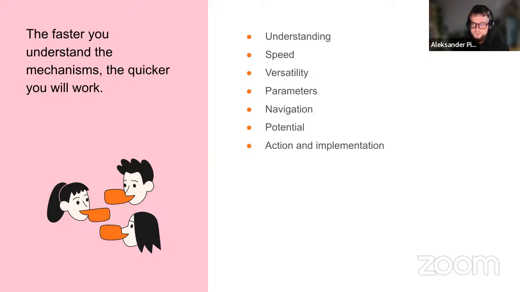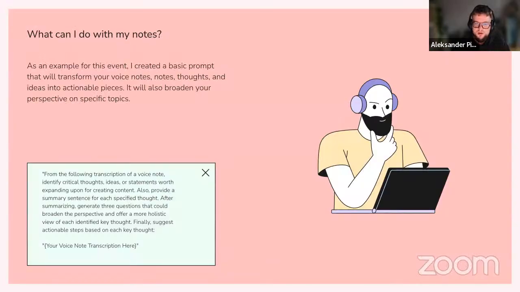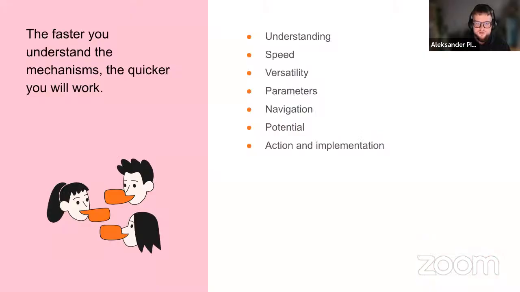So when you understand mechanisms like the ones I show you here in terms of this prompt, you can take a screenshot, but I will send this presentation to you also because I want you to have this knowledge at hand. The faster you do it, the faster you will gain understanding of these things, and your speed of work with ChatGPT and prompting will be a little bit like twice as fast.